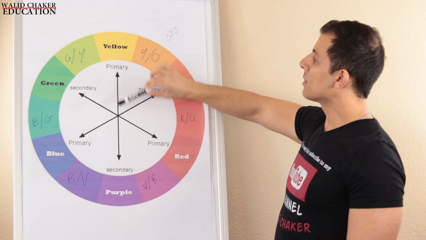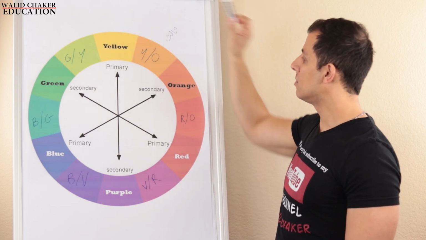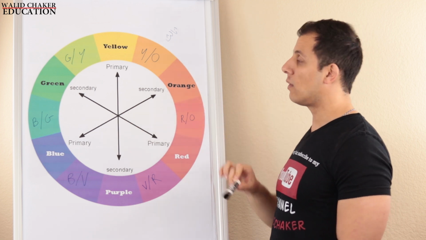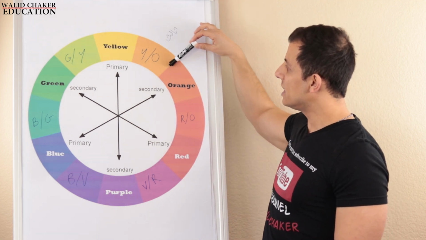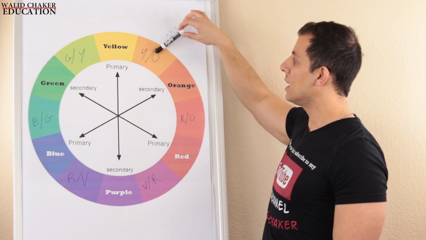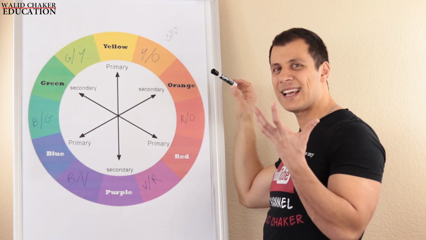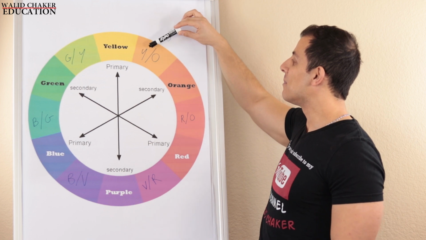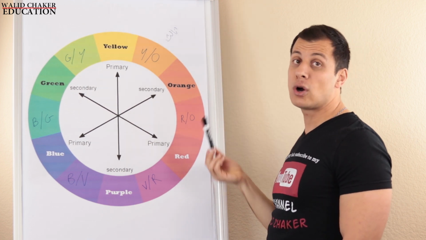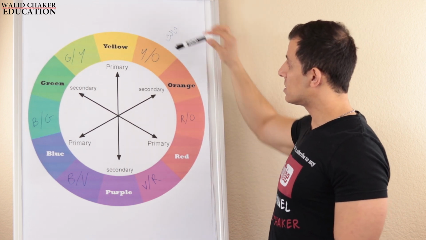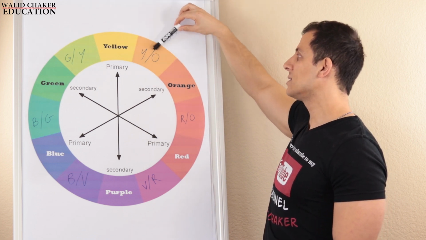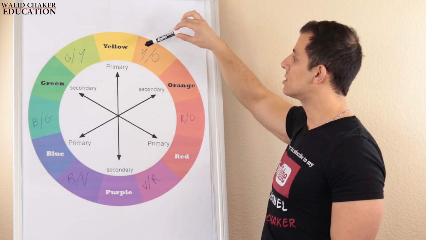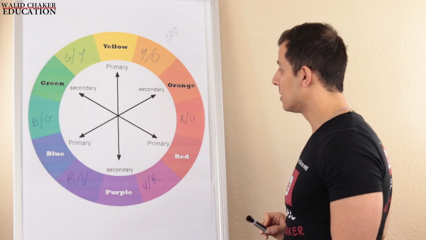If I put one part of yellow and one part of orange and mix them together, it's going to give me this orangey color, but it has a yellowy, is that English? I don't know. It gives me a yellow tone too. So here you see orange, here you see yellow, but in between you see orange with a little bit of yellow. So it's called yellow orange.